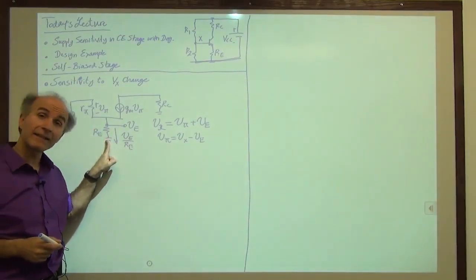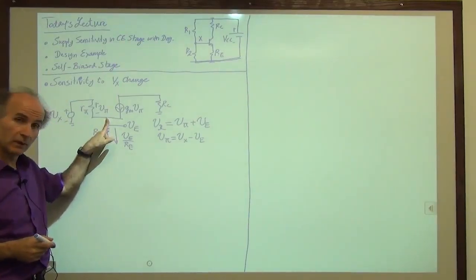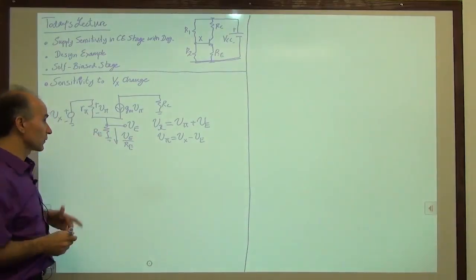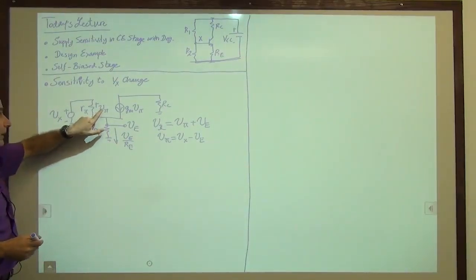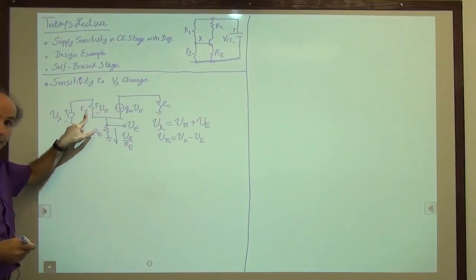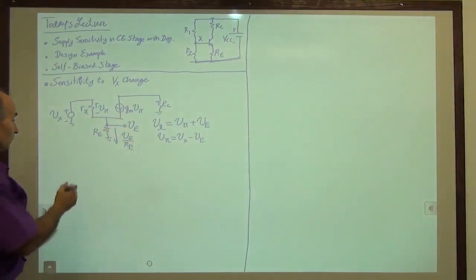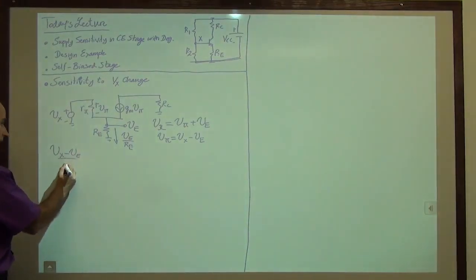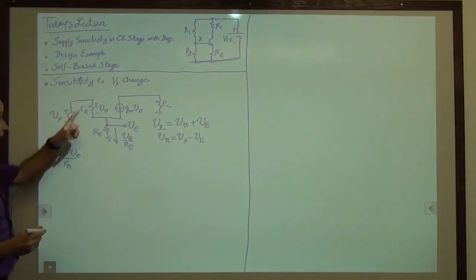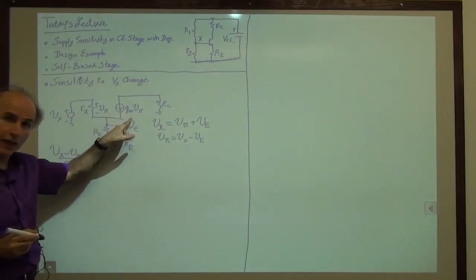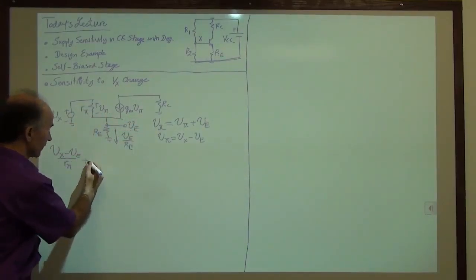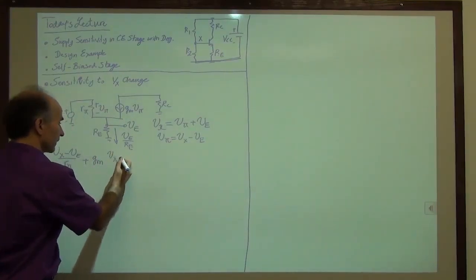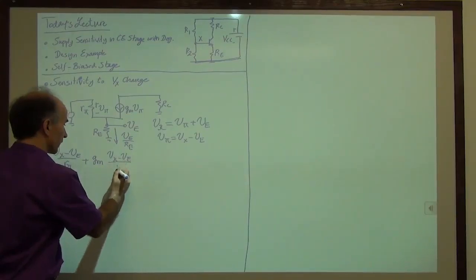Now we're going to write a KCL at this node. The current coming down R pi plus this current should be equal to this current. So let's do that. The current coming down R pi is V pi over R pi. But we have V pi, so we will write Vx minus VE, divided by R pi, that is this current, plus Gm times V pi.